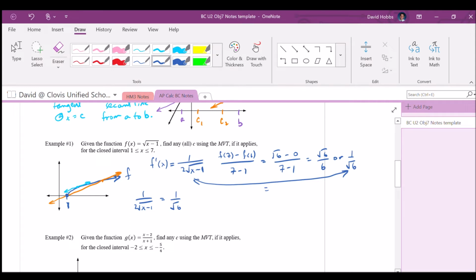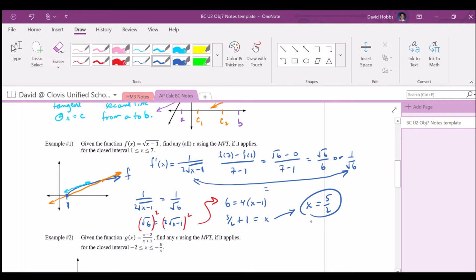If we cross multiply here, we get root 6 equals 2 root x minus 1, and I can square both sides. So I get 6 equals 4 times x minus 1, so 6 over 4, 3 halves, plus 1 is equal to x, which means x is 5 halves.